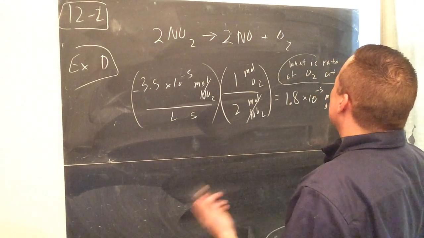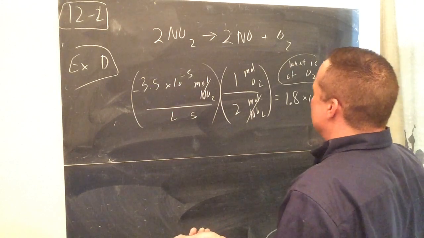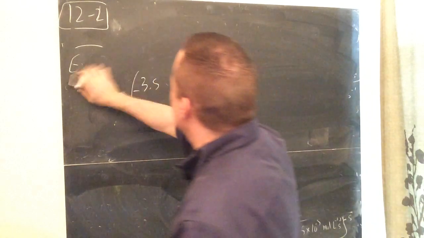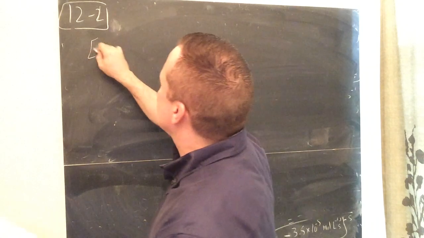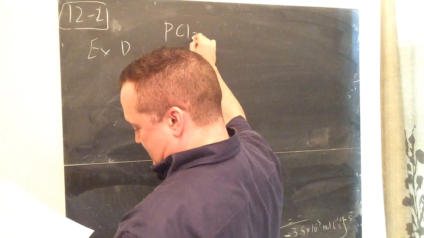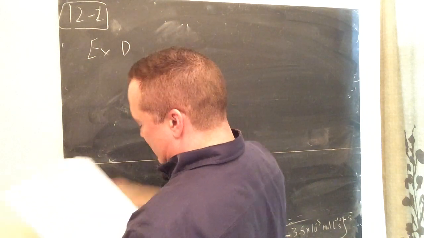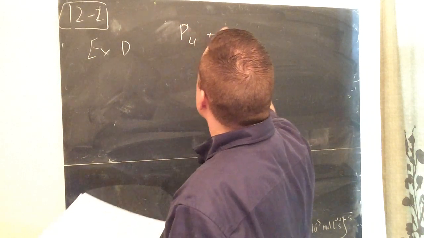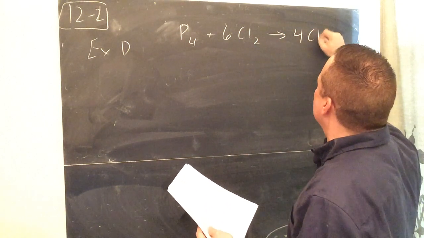Okay, now the last question just asks you to compare the rates of two chemicals. This is not really going to be too bad. Example D, but let me just show you what they mean by it. D says phosphorus trichloride is prepared, not decomposing, by reacting chlorine, it's on the next page. P4 plus 6 Cl2 gives you 4 PCl3.